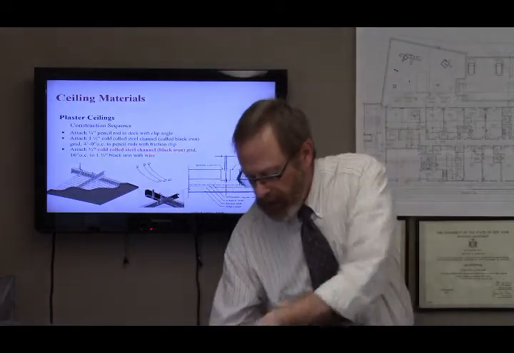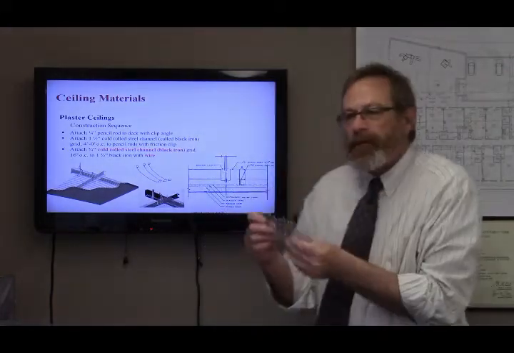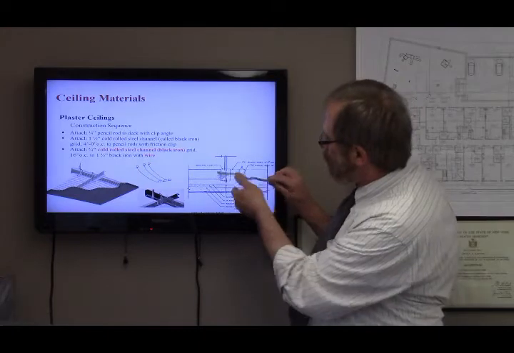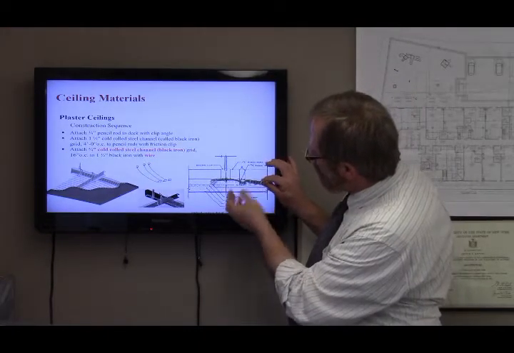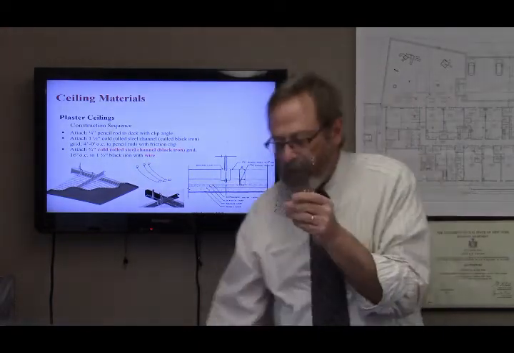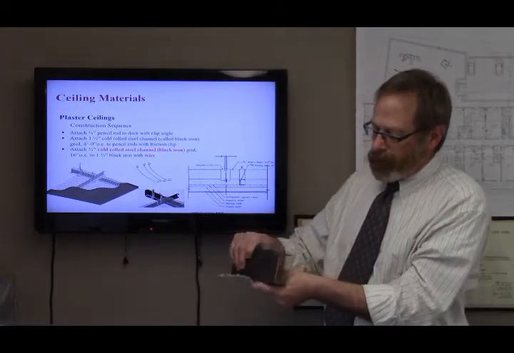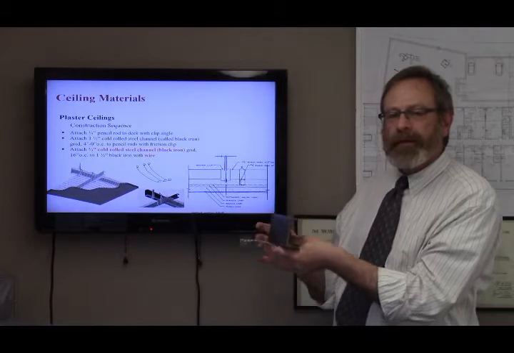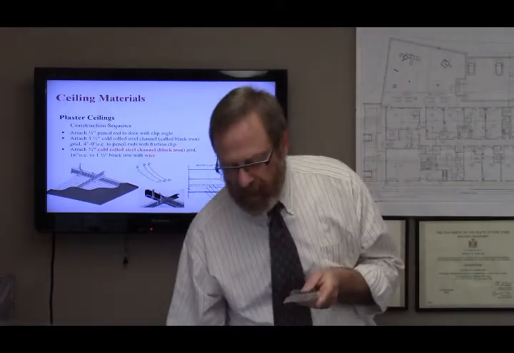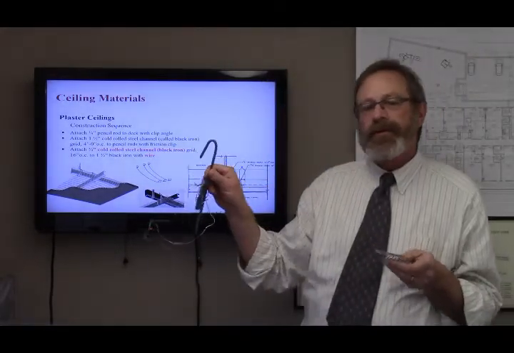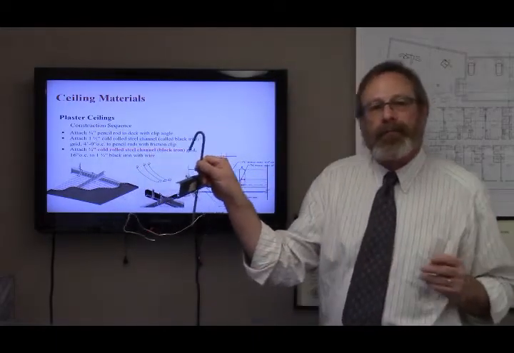And that would form the base onto which we would put our galvanized metal lath. Screw it right in there. Galvanized metal lath so it doesn't rust. Screwed to the 3/4 inch metal channel, which is tied to the 1.5 inch black iron pipe.